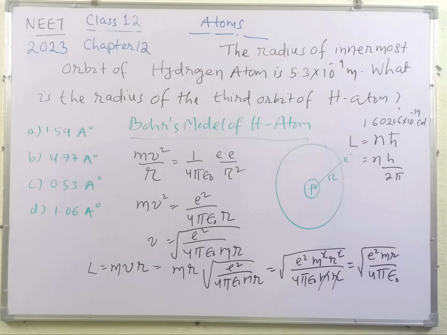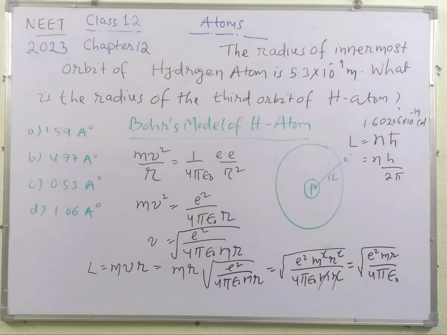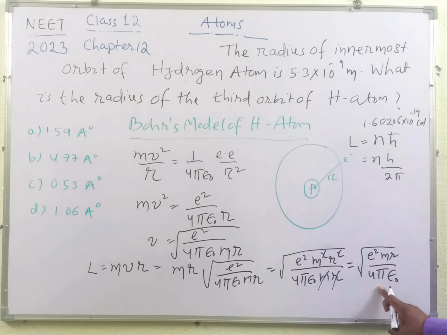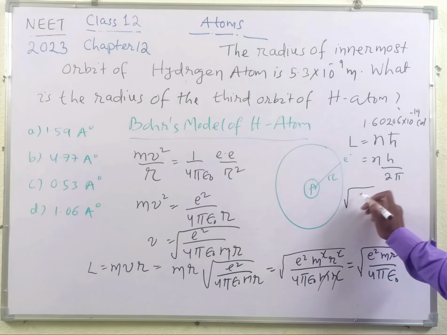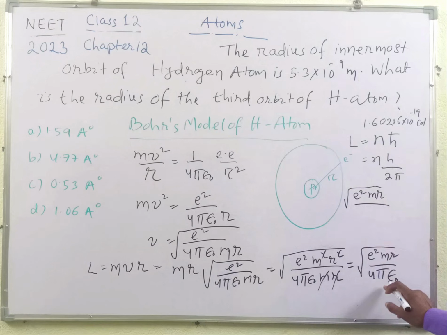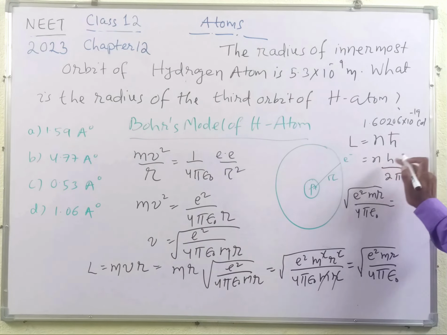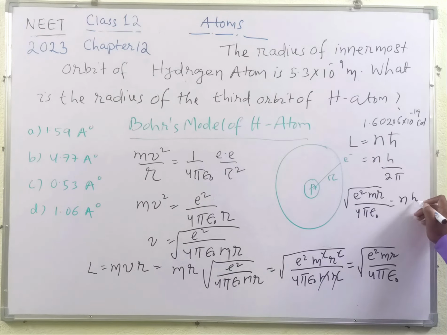So we equate: root over e square m r by 4 pi epsilon 0 is equal to n h by 2 pi.